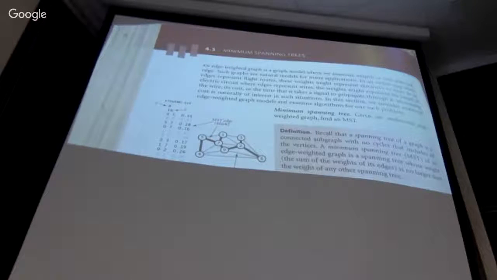Now, if I simply had a graph and did a breadth first search, what I'm getting is not really the shortest path, it's just the least number of hops.